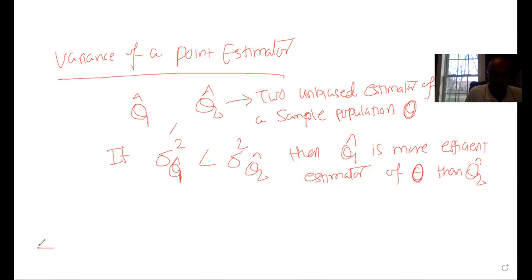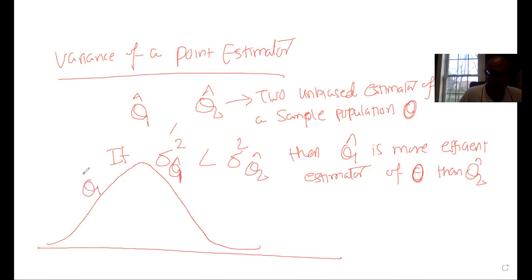That means suppose you have some theta 1 cap, something like this. This is my theta 1 cap. Sigma theta 1 is the variance. If this variance is smaller than the other variance, right? So suppose I have another variance, something like this.